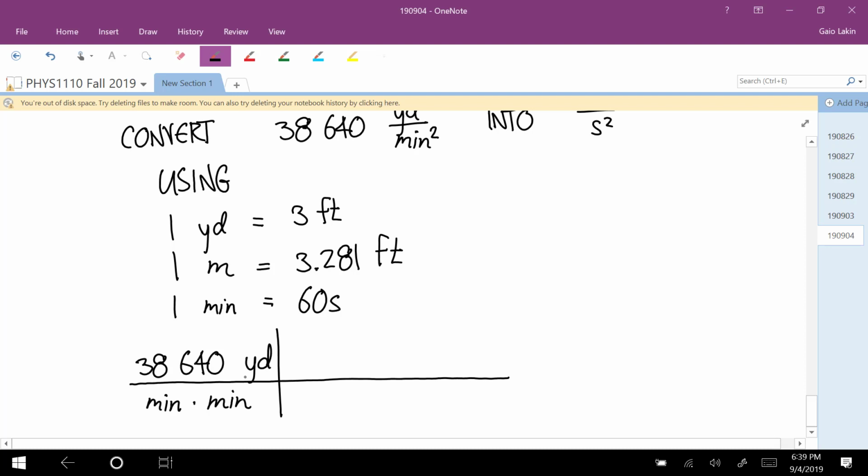To go from yards to feet, I'm going to use either this over this or this over this. Do I want the yards to be in the top or the bottom when I multiply? Yeah, I want it to be in the bottom to cancel the yards here in the top. So we have 3 feet over 1 yard.